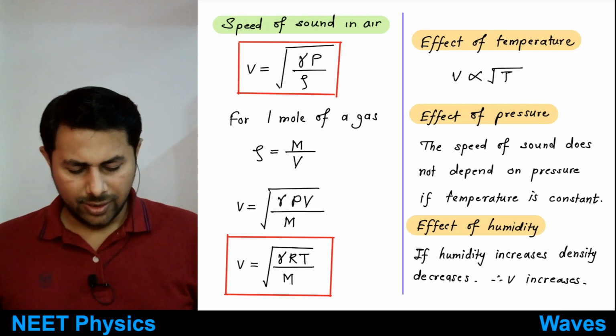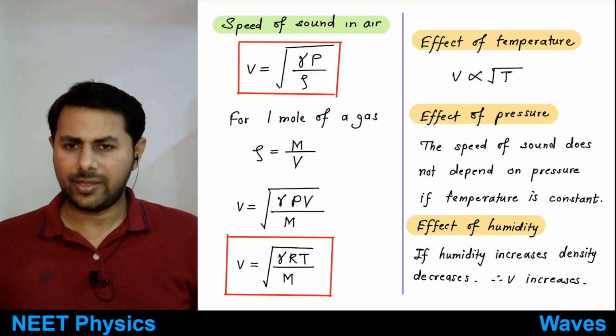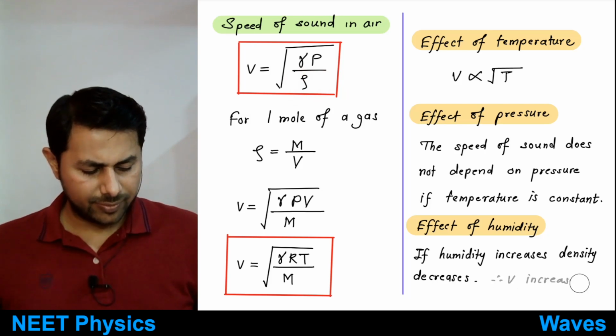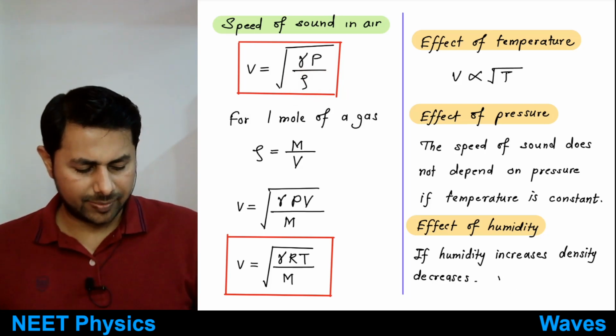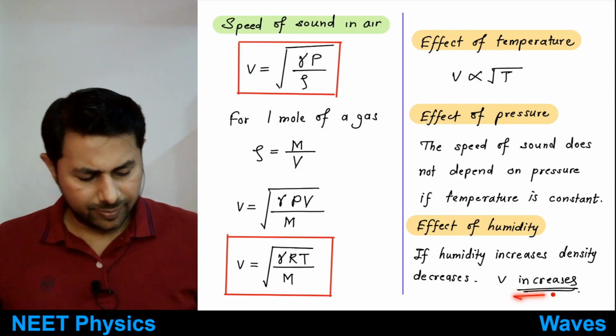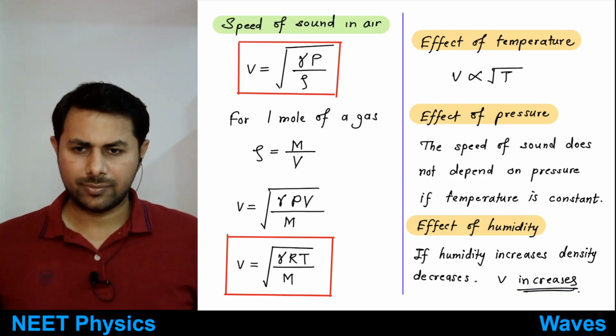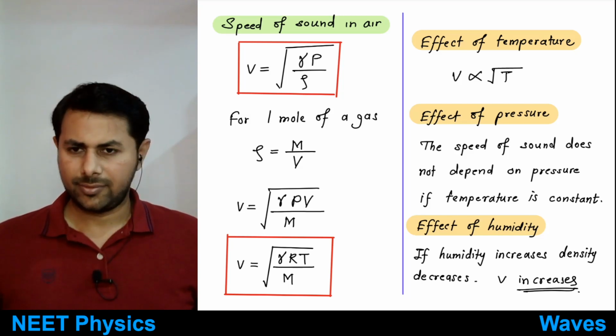If density decreases, the speed of sound will increase. This thing is clear. So density decreases means I can say V increases. Right, everyone? All right, good.